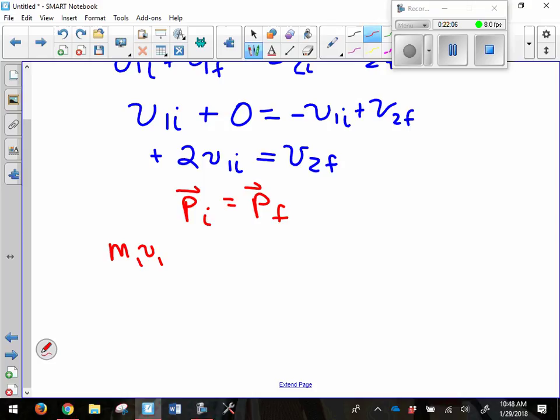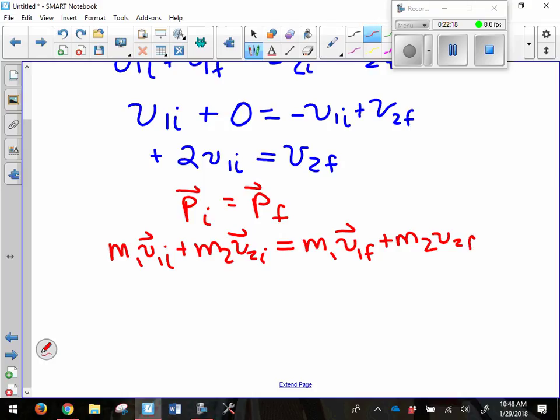So that's going to give me m1 v1I plus m2 v2I is going to be m1 v1f plus m2 v2f. Okay. Anything I can get rid of here? Okay, so I know that v1f is 0.